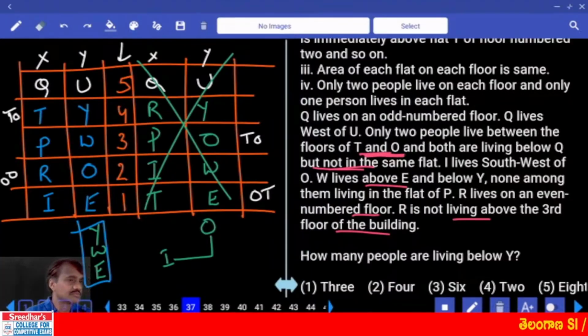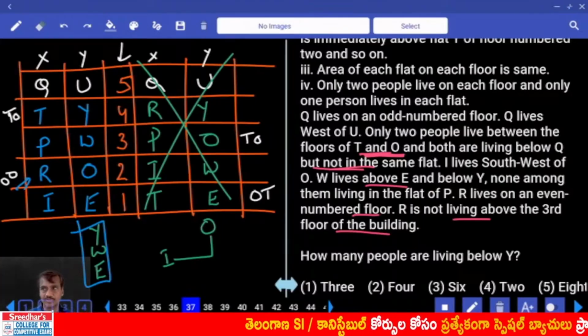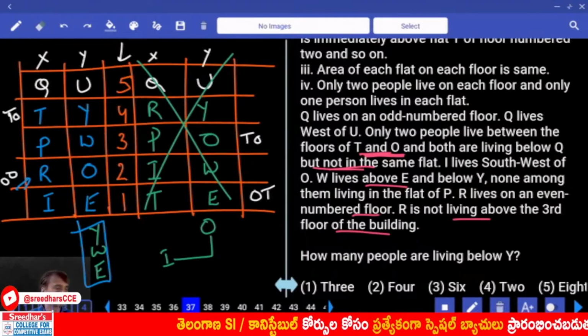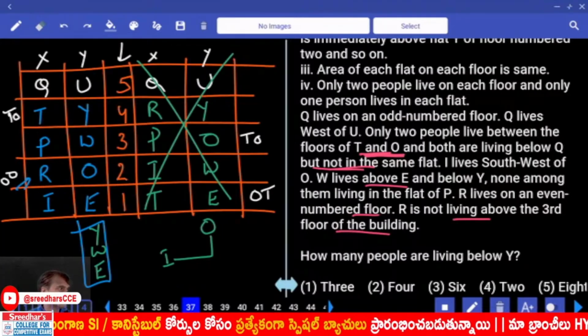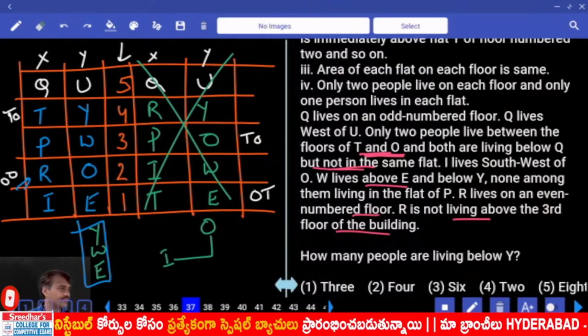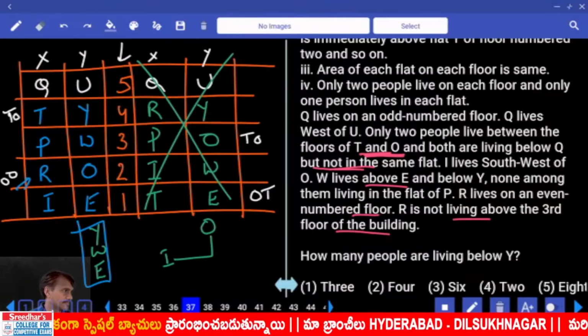Then P must be here. Clear? R is living on a floor, even number floor, below fourth floor. Below third floor. Clear? Because R will be fixed. If R once it is fixed, now we are left with O and T.